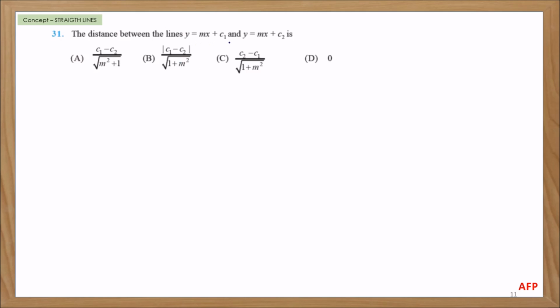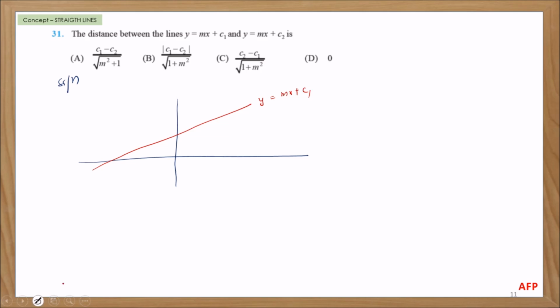Okay, next. Here we have a very simple concept. This is the slope-intercept form. Take the lines: one line is y = mx + c1, and one more line we will take, y = mx + c2.